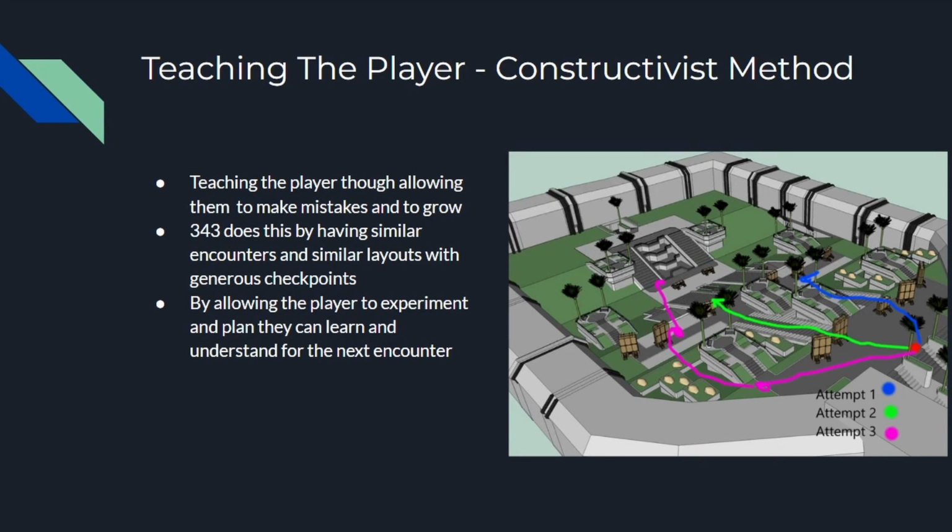When you attack a group of grunts, you can look at those grunts and go, okay, I know that if I attack them this way, if I just run in there and start shooting them, I'm going to have a rougher time than if I pick them off with my pistol from a distance and come at it more tactically. And that's a thing that you learn with time by going in, having a rough time, dying, and then going back to the checkpoint and starting over. And that allows the player to experiment and they can learn and plan their next encounter.